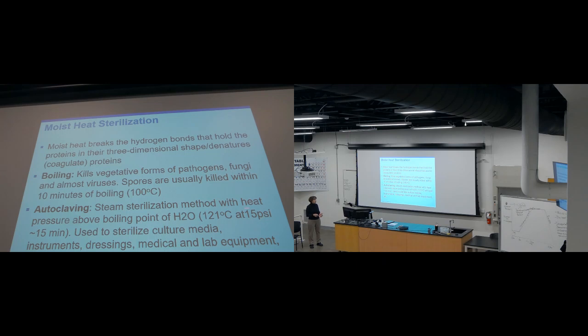The pressure will be 15 pounds per square inch, or PSI. In the case of most instruments, you sterilize them for 15 minutes. Autoclaves are used to sterilize culture media, instruments, dressings, and medical and lab equipment.